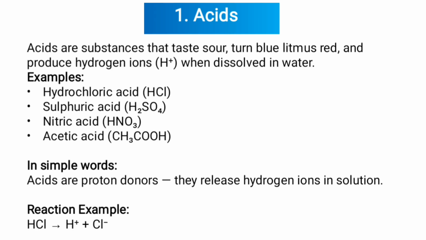Examples: hydrochloric acid HCl, sulfuric acid H2SO4, nitric acid HNO3, acetic acid CH3COOH. My dear student, these are acids because they have a sour taste and turn blue litmus red and also produce hydrogen ions when dissolved in water.